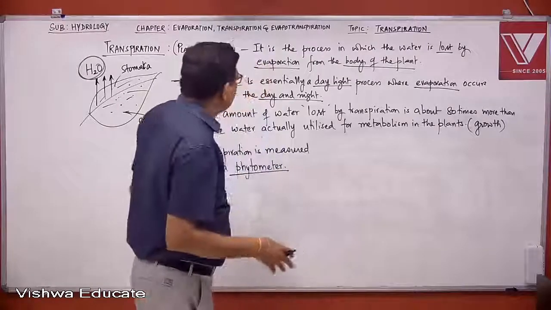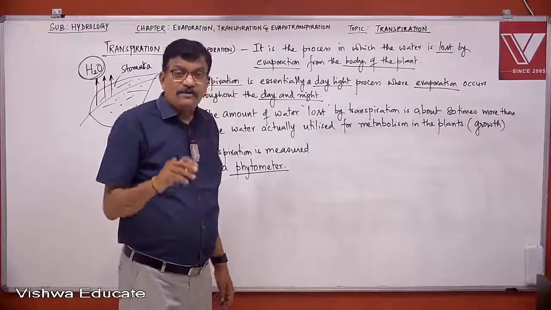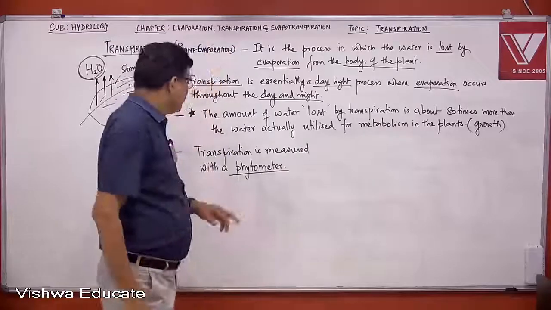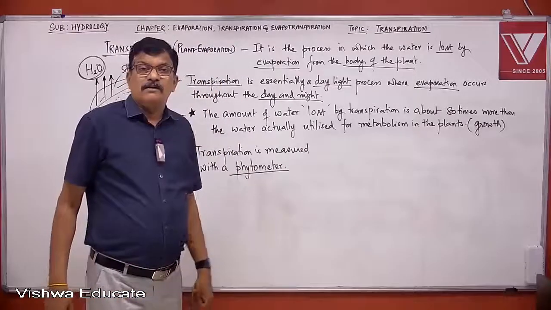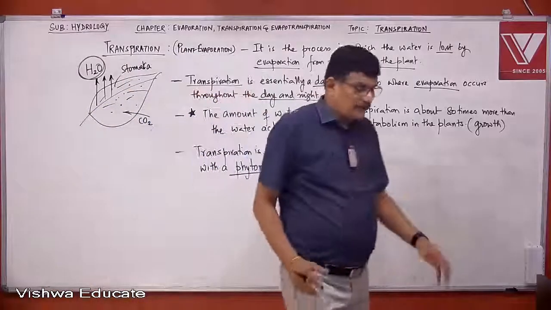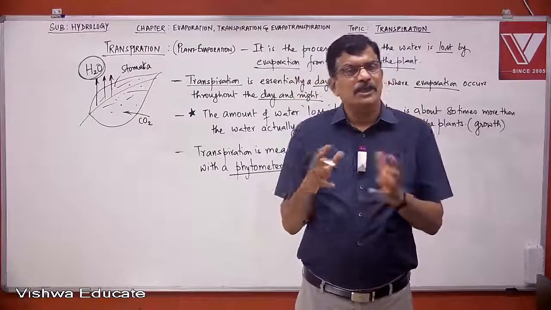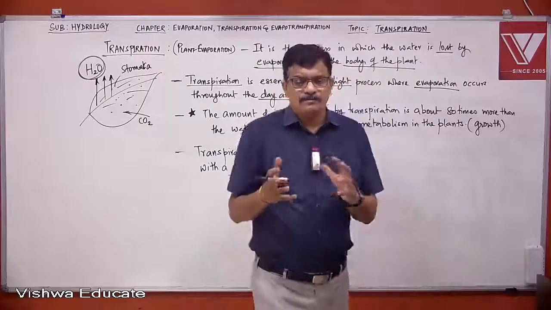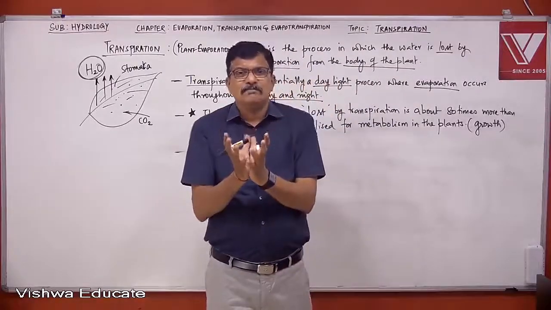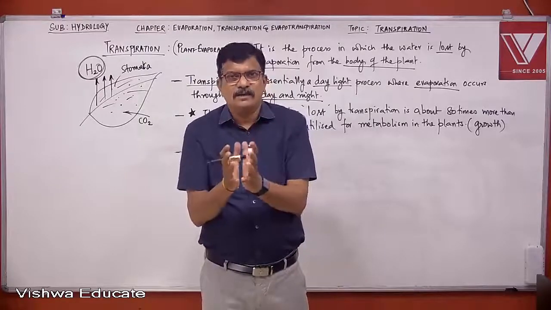Similarly, how do you measure transpiration? It is the phytometer. A phytometer is basically a small setup in which we measure the volumes of water in an enclosed container during a certain period, directly.